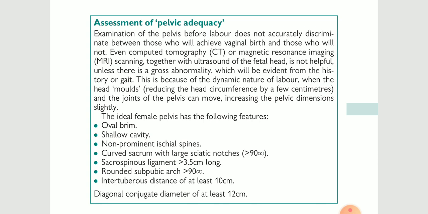So for the ideal female pelvis, the ischial spine should not be prominent inwardly. A non-prominent ischial spine is a perfect feature and is very helpful for the delivery.